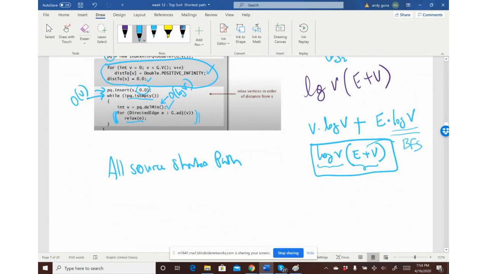It's a lot of work to do, right? Let's see if you can come up with the answer to that. What is the complexity of, okay, V times log E plus V, right? Other ones?